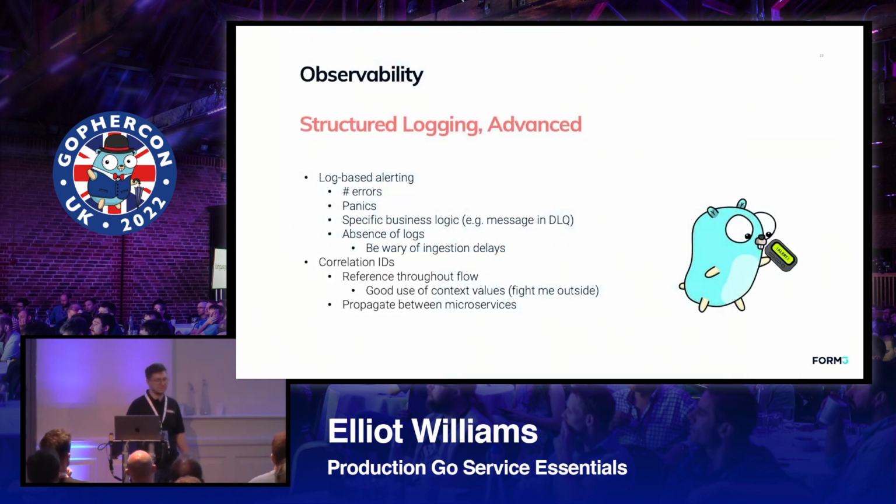So let's talk a bit more about structured logging. With certain tools, you can do log-based alerting. So your ELK stack provider might provide that, or you can build that yourself in some ways. You would want to alert on things like the number of errors being logged reaching a certain threshold. You want to log any panics that are happening in your application.